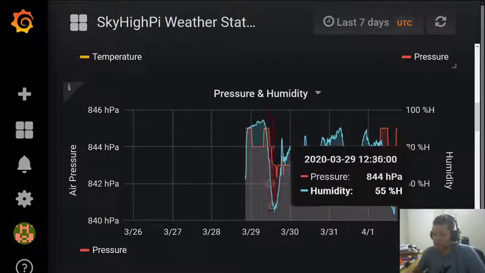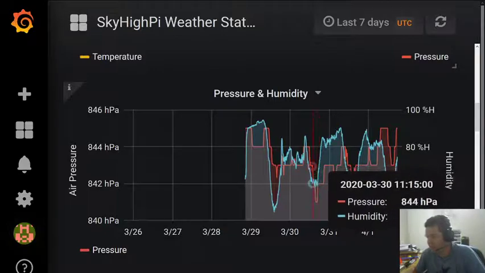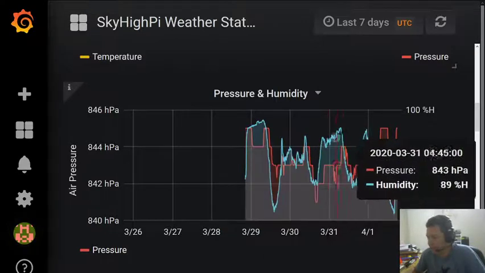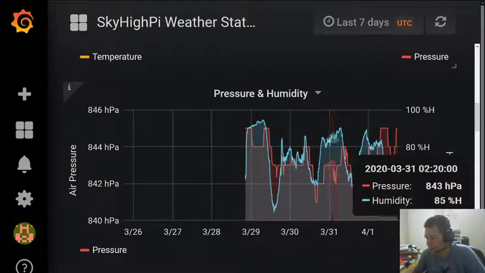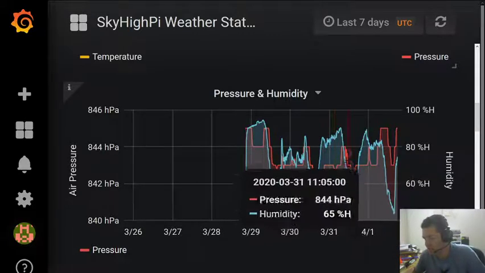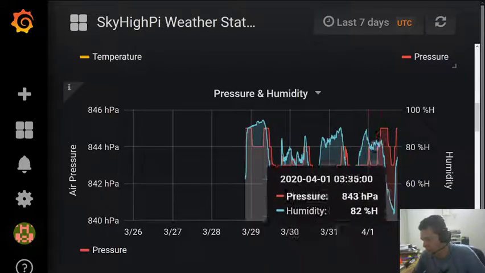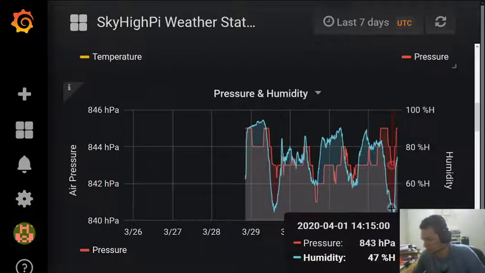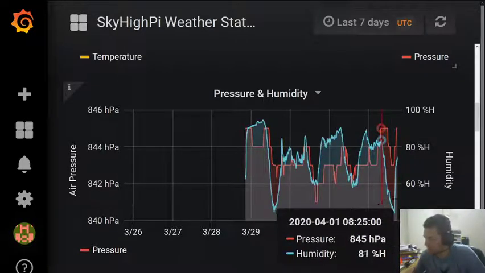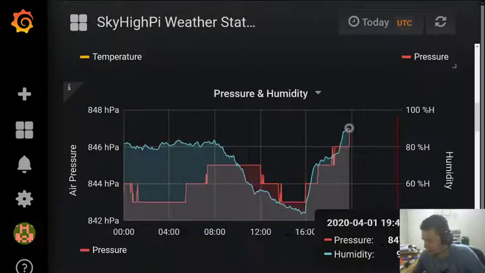So you can see every time the relative humidity goes down, then the air pressure is down, and they kind of follow, they're vaguely related, although there are slightly different relationships going on with the temperature as well. But you can see there are these fairly good relationships between the peaks and the troughs in the relative humidity and pressure. And if you take it back to today, yeah, that's been my weather station, so I will leave it running.